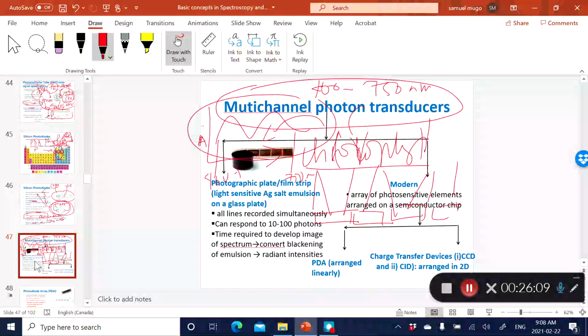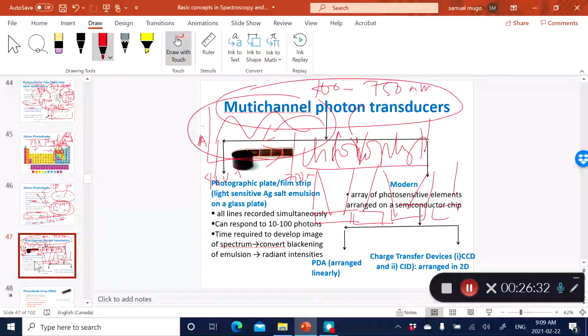Now, the other approach is you can simply open the exit slit and lay a series of detectors. And that series of detectors is going to record your entire light in one go, as you record your spectrum simultaneously.